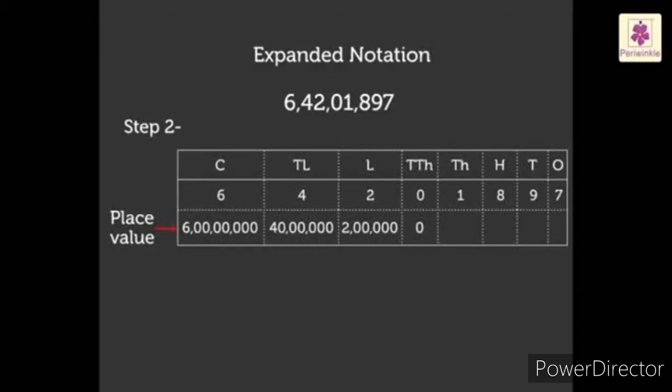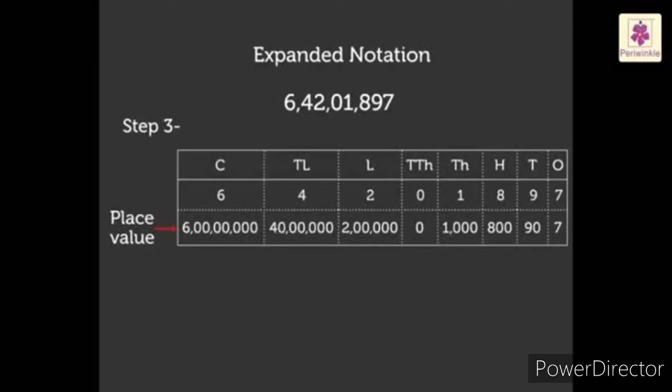The place value of 1 is 1000. The place value of 8 is 800. The place value of 9 is 90. And lastly, the place value of digit 7 is 7.